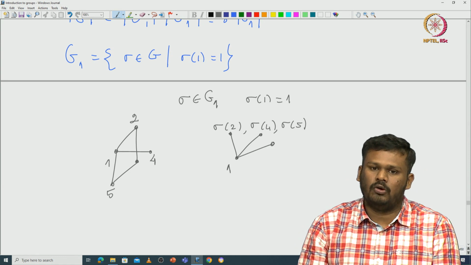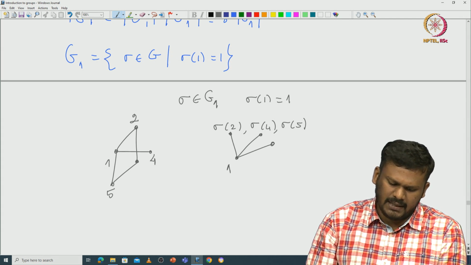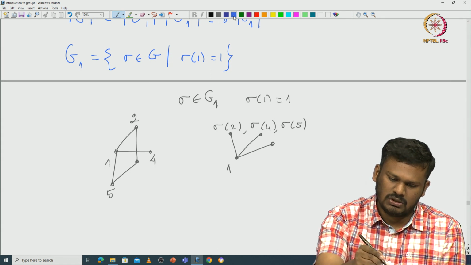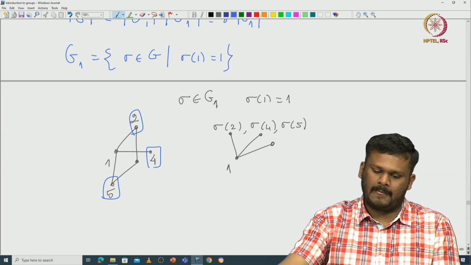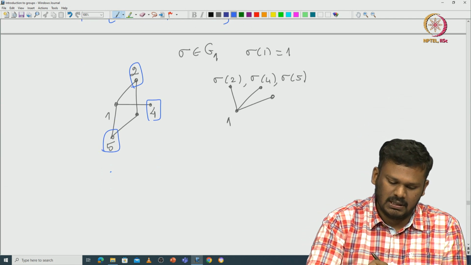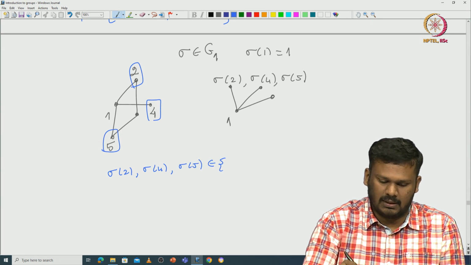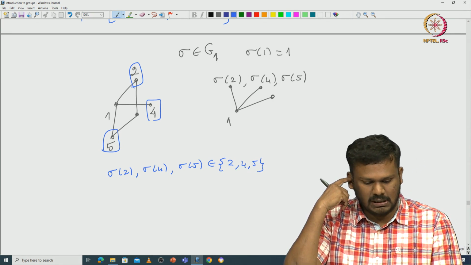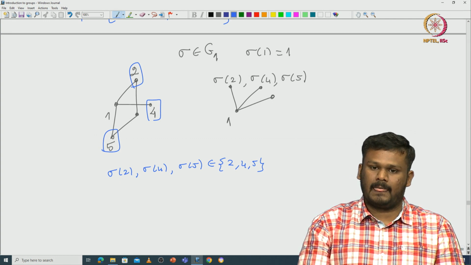But how many possibilities are there? We have only the neighbors of 1, that is exactly 3 vertices: 2, 5 and 4. So, that forces sigma of 2, sigma of 4, sigma of 5 to come exactly from 2, 4, 5. That means sigma just permutes 2, 4, 5.